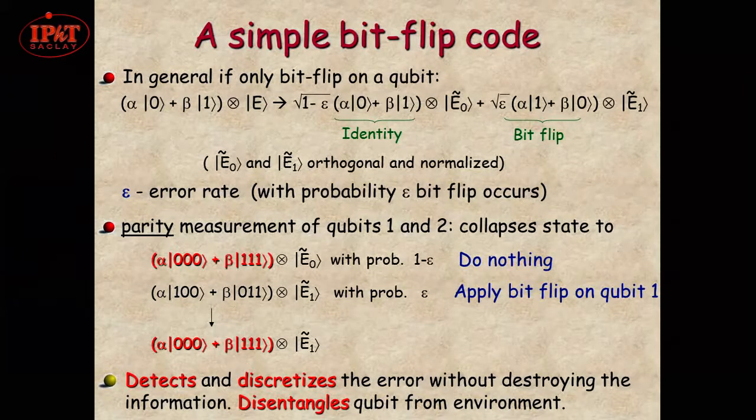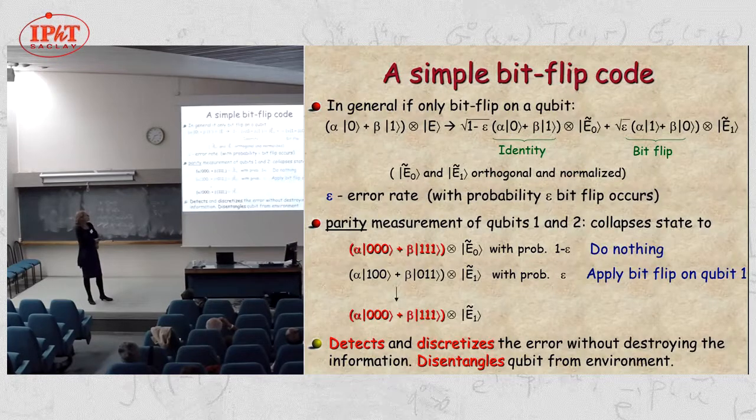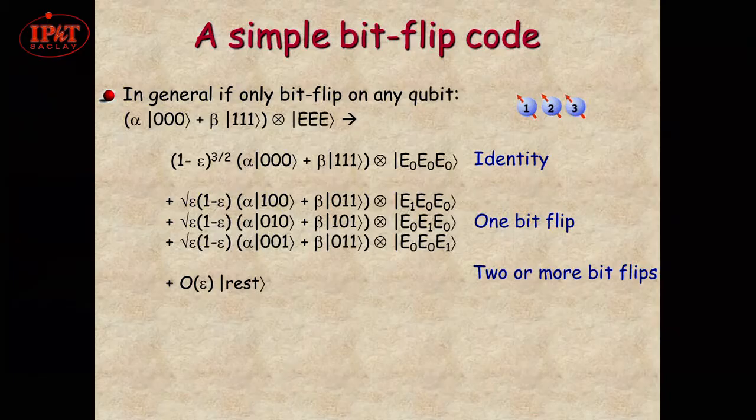So this again disentangles the encoded qubit from the environment. So this is a very nice trick to deal with the first 2 objections that we had, namely that errors are continuous and that measuring will destroy the quantum state. We have circumvented these 2 and found ways to deal with these.